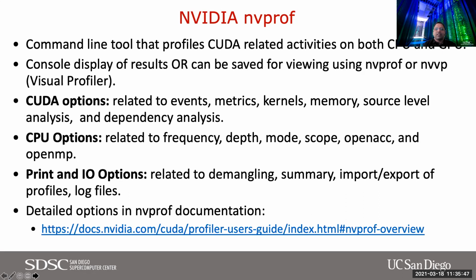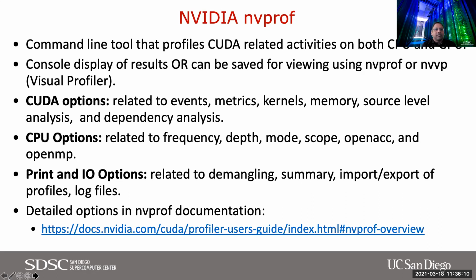Both of these command line options, NVProf and NVVP, the functionality is going to get folded into NSIGHT, and I think they'll get deprecated in a year or so. But right now they're available, and it's a nice, quick way of looking at things.